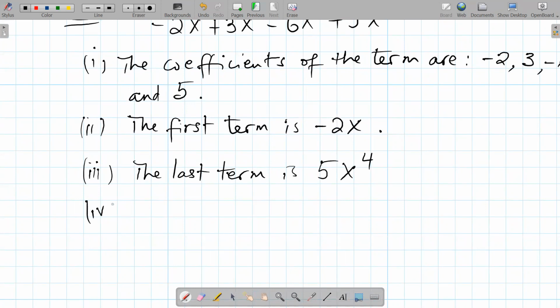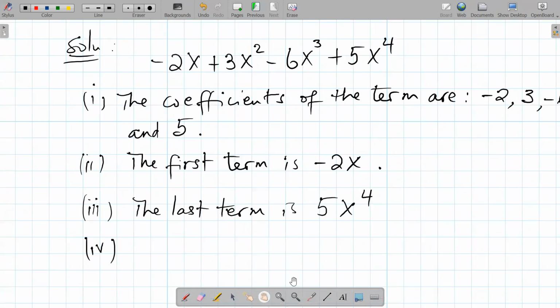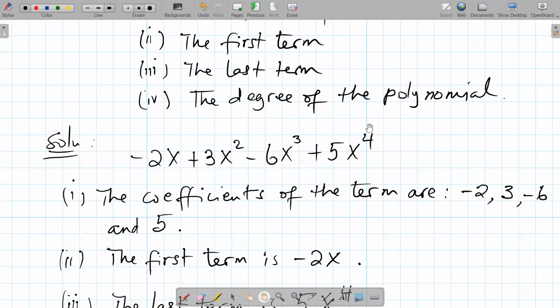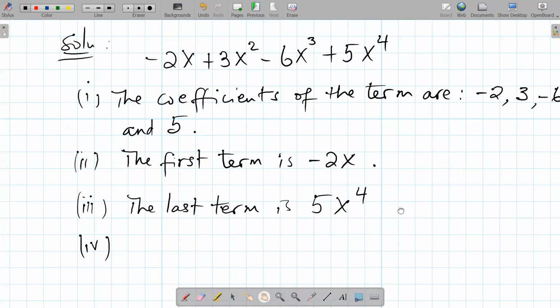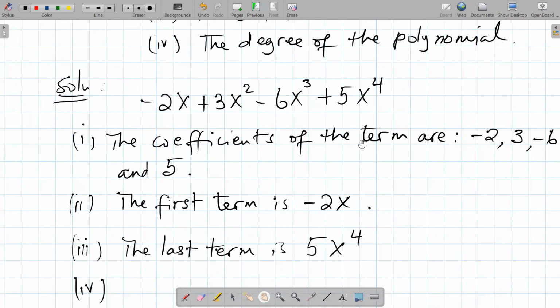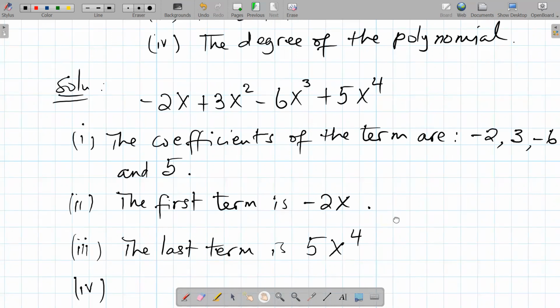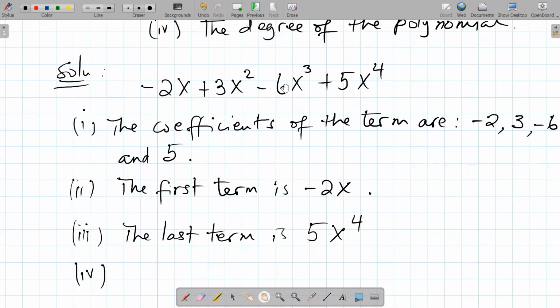The last one here says that what is the degree of the polynomial? Remember, if we need to find the degree of the polynomial, we have to look at the individual terms and their degrees. The largest is going to give me the degree. Okay, so based on this polynomial, this first term here has a degree 1 because the variable x has a power 1.